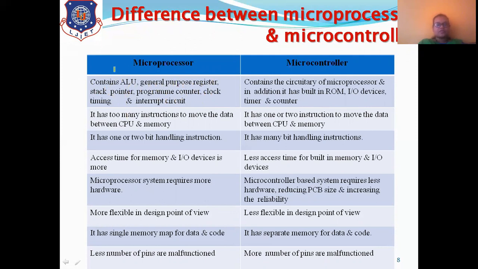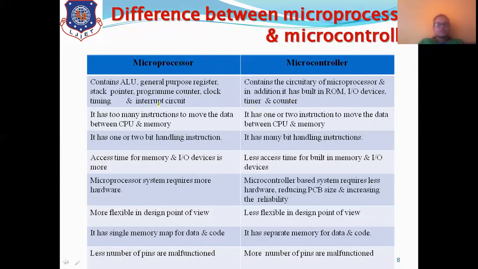So all this will be contained by a microprocessor. Now, in a microcontroller, the whole circuit of the processor will be there. In addition to that, it will have inbuilt memory as well as inbuilt IO devices and timer and counter.